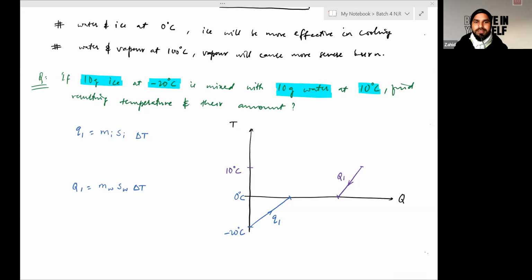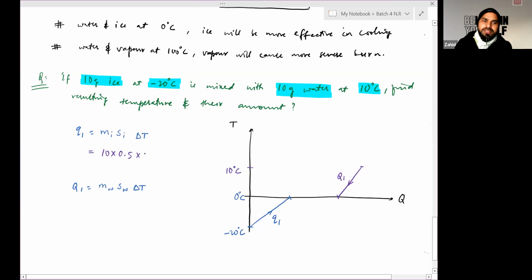Good Krishna. Mass of ice is 10 gram. Specific heat capacity of ice is 0.5.